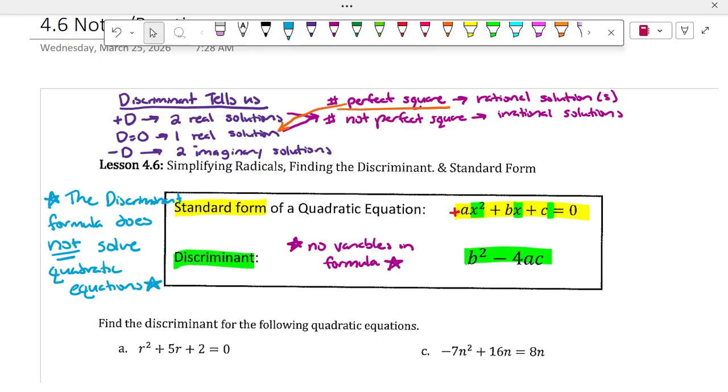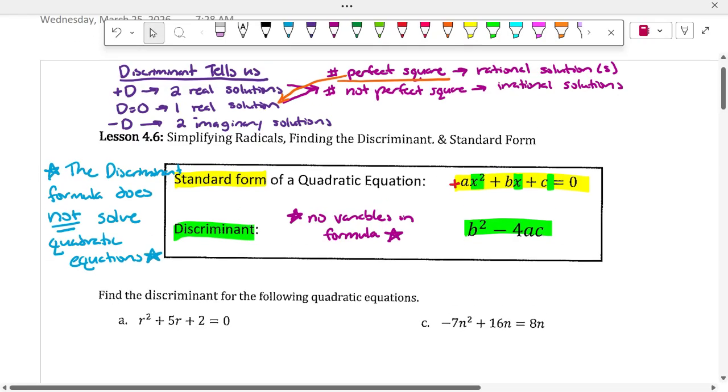You cannot use it to solve a quadratic at all. If you solve a quadratic on your test next week using the discriminant formula, I will instantly mark it wrong because it's not a solution. It's just a number that tells us what the solutions will look like. That's it.